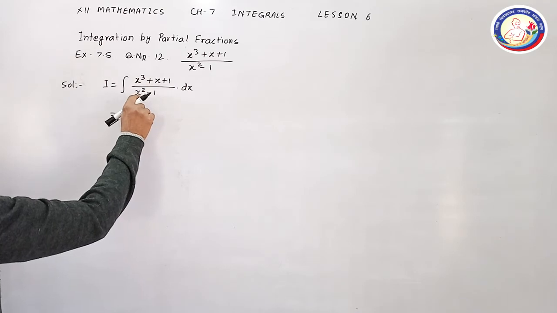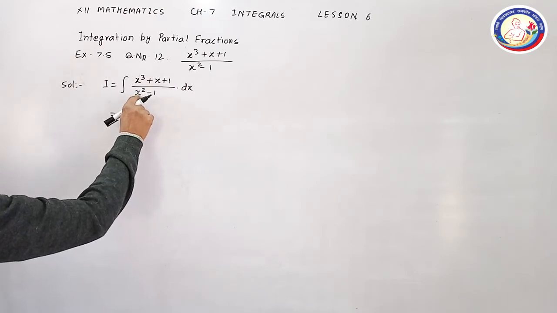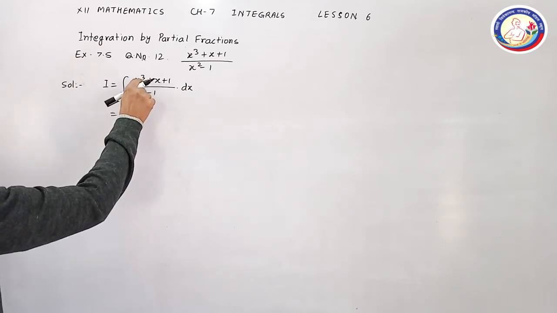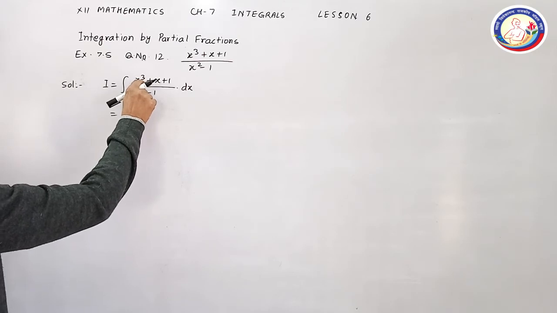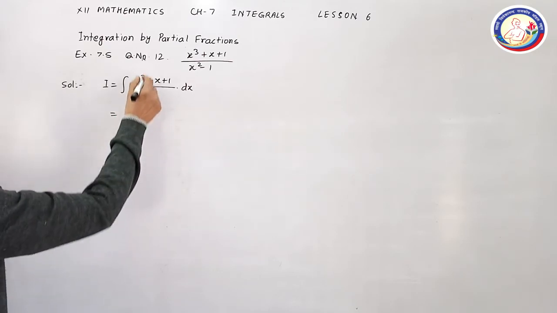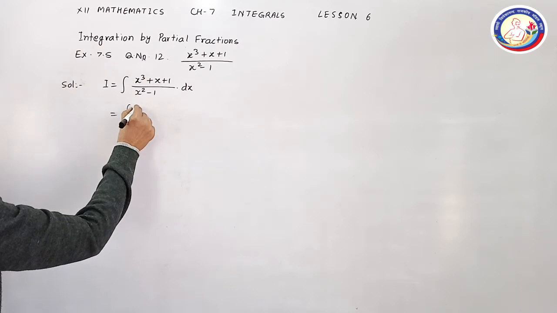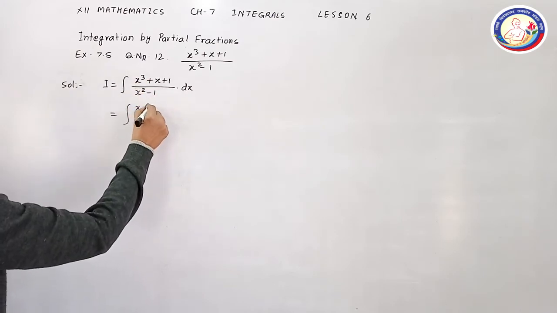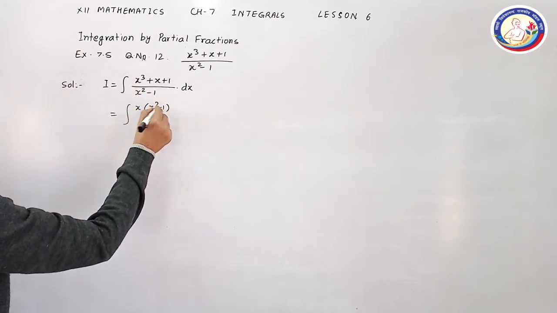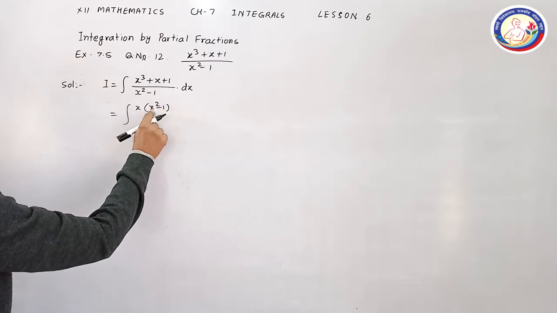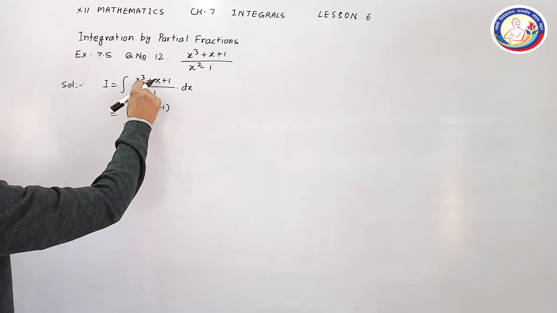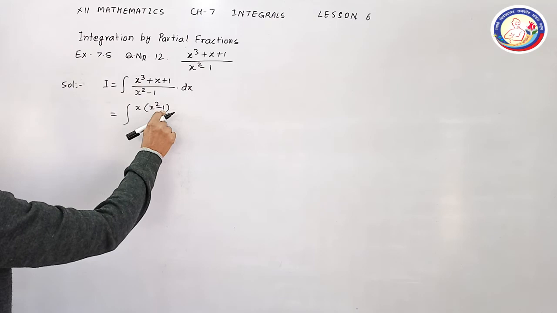If we want to have x square minus 1 as a factor, then we take x common from x cube, so one factor will be x, so take x outside and it will be x into x square minus 1. Then x cube compensates this, it is equal to this, and then we will get minus x.